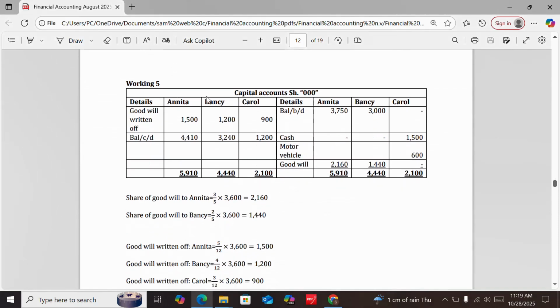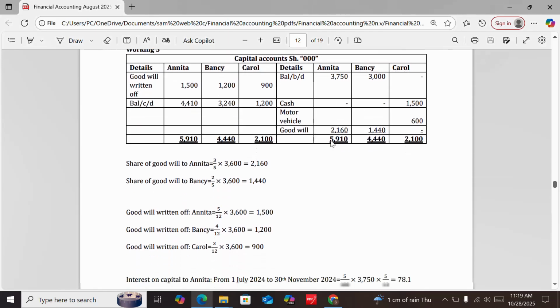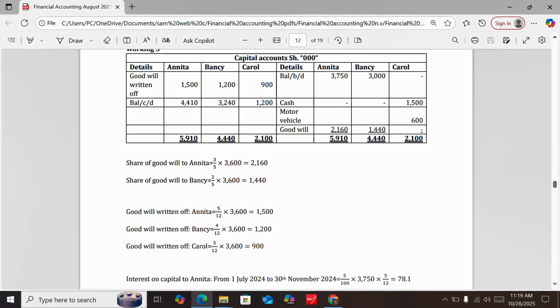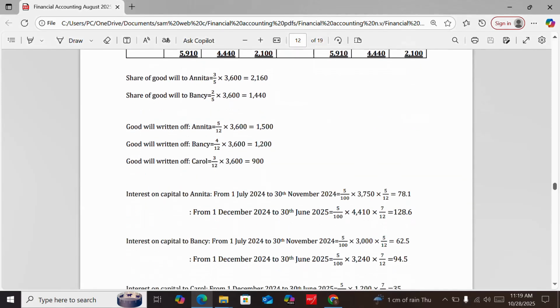Then we have working 5 for the capital account. Then share of goodwill, and then the goodwill is written off. Then the interest on capital for the first 5 months, and then for the 7 months now.